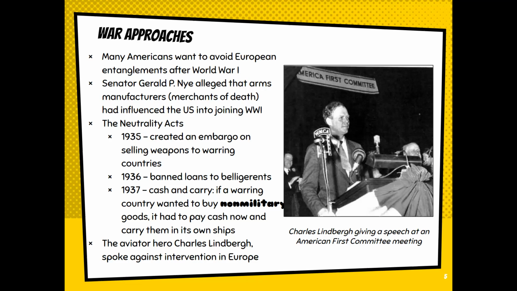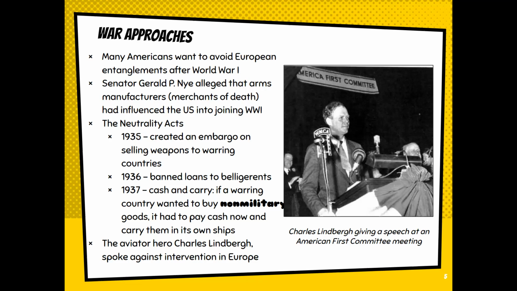It said, okay, we'll trade with countries who are at war if they want to buy non-military goods, and if they want to pay cash now, and if they carry them in their own ships. Remember, if you go back to World War I, one of the major reasons why we enter the war is because of US ships being blown up by German submarines.